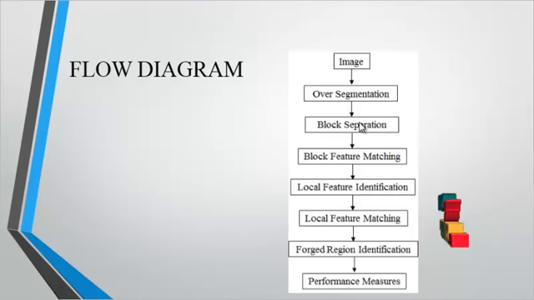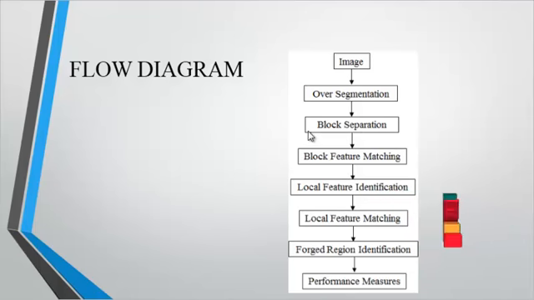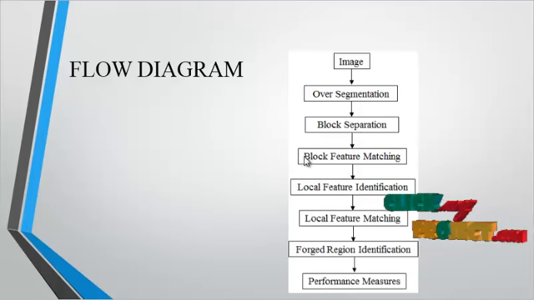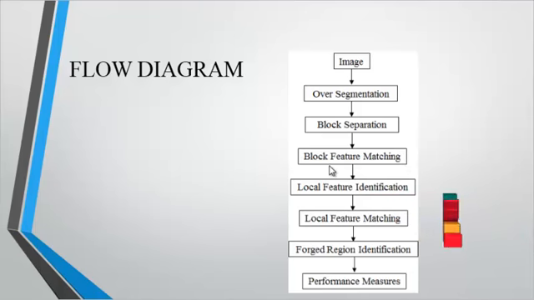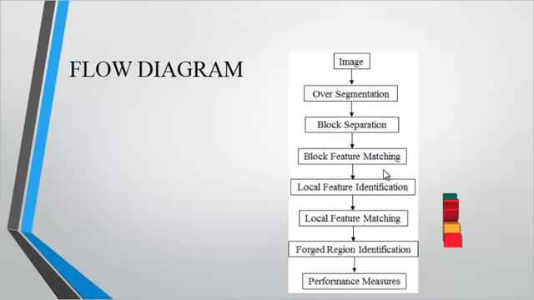In the block separation, the image is converted into small blocks. After the block separation from the image, the block feature matching is calculated. The block feature matching is calculated by extracting the features from the particular blocks.